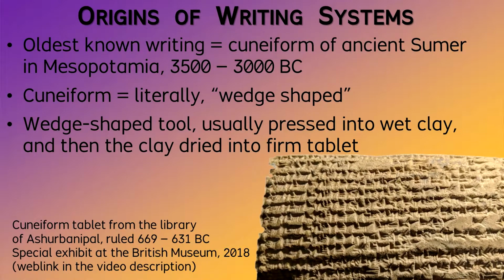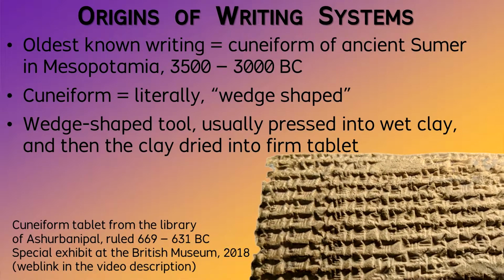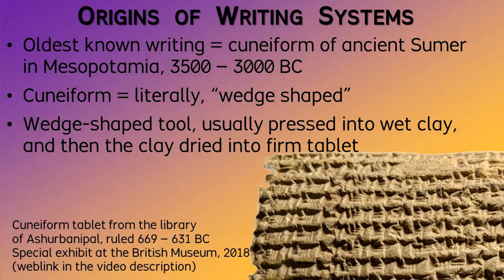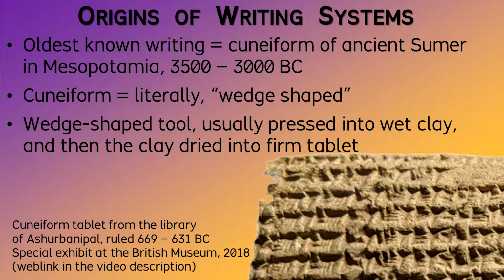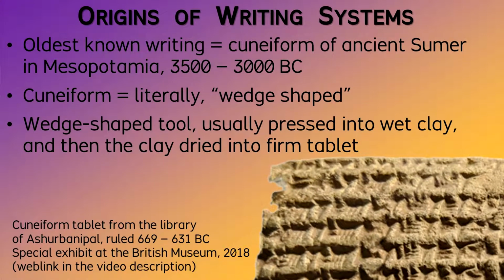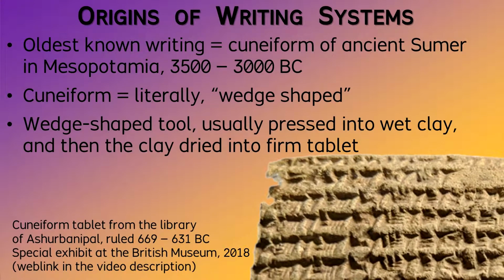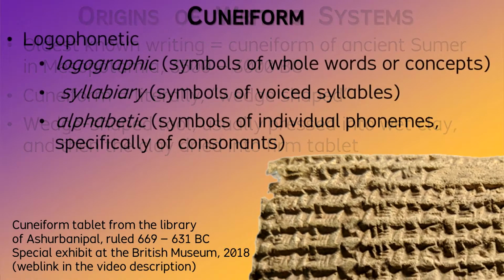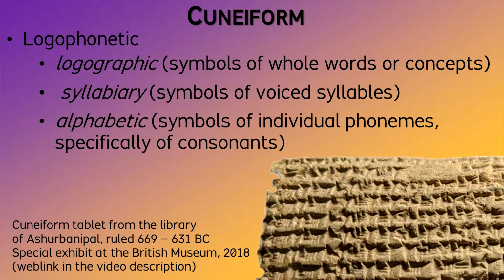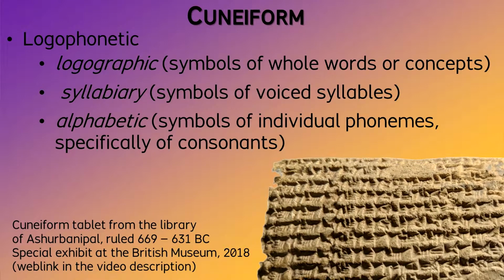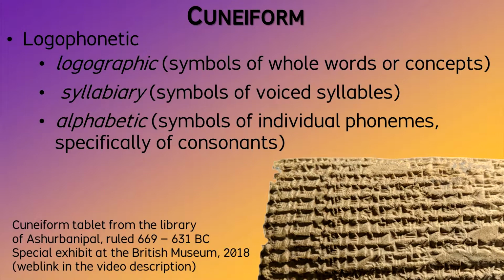The word cuneiform literally means wedge-shaped. A wedge-shaped tool was impressed into a lump of wet clay, and then the clay would dry into a firm tablet. Cuneiform is understood as a logophonetic system, combining logographic elements with syllabary and alphabetic components.